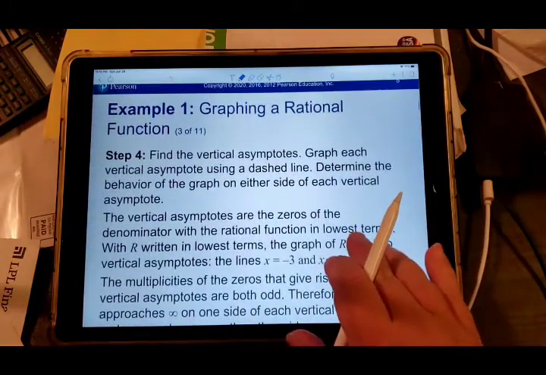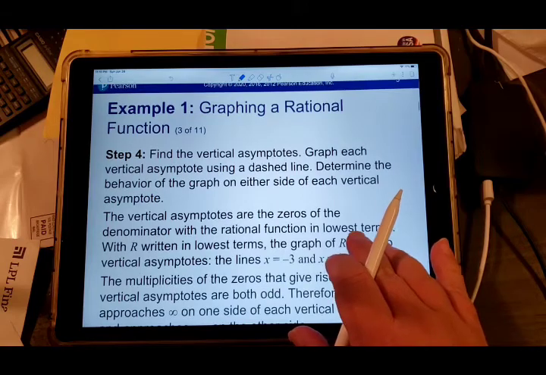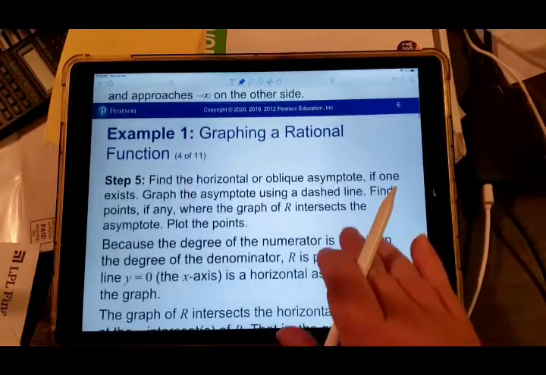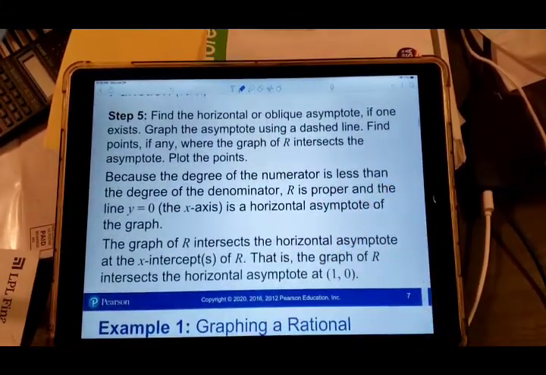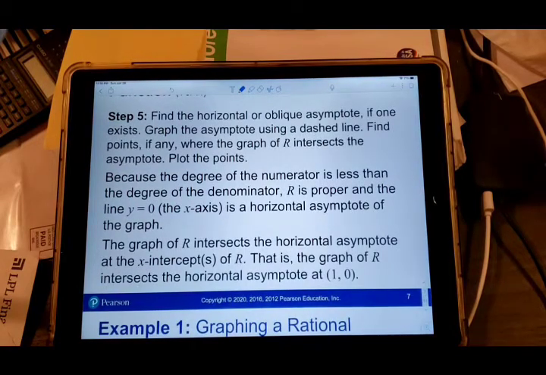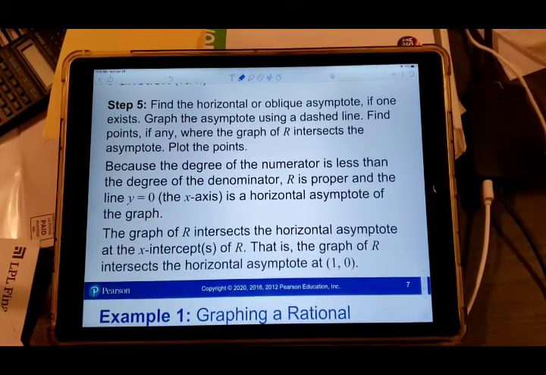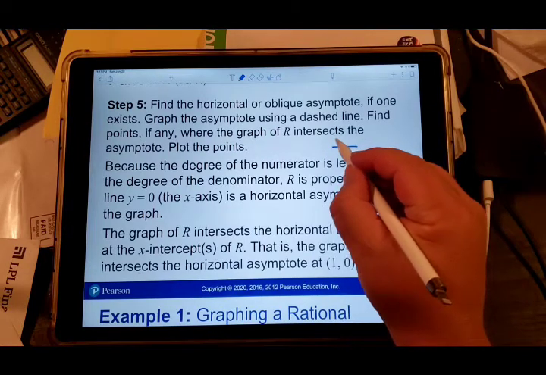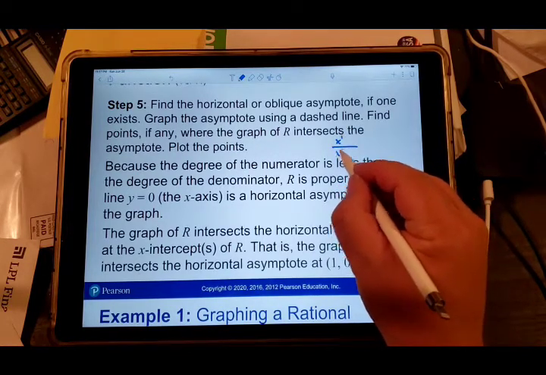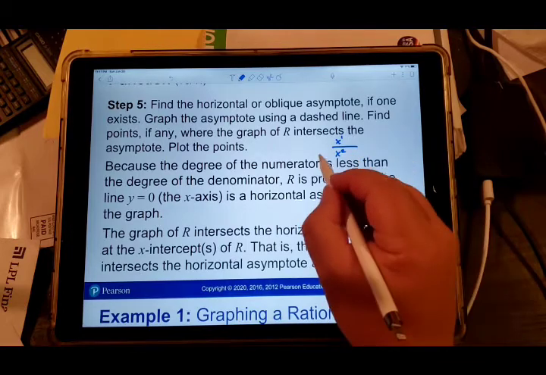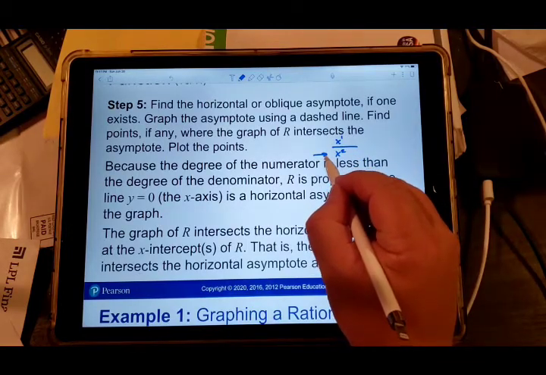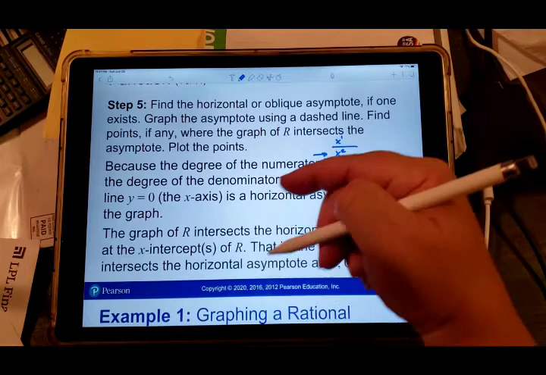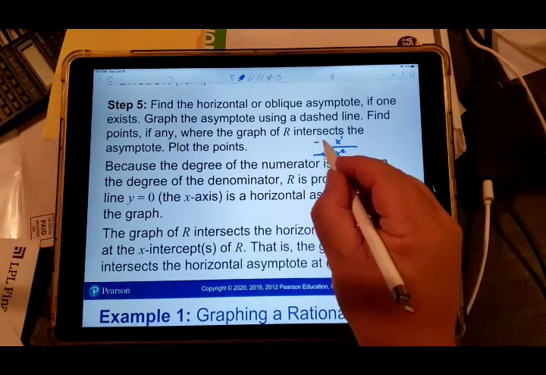Now the horizontal asymptote, that's the only thing we haven't found yet. And there was just a kind of a menu, a little trick there, and that was, if you remember, if the degree of the numerator is 1 and the degree of the denominator is 2, the denominator is a higher degree than the numerator.